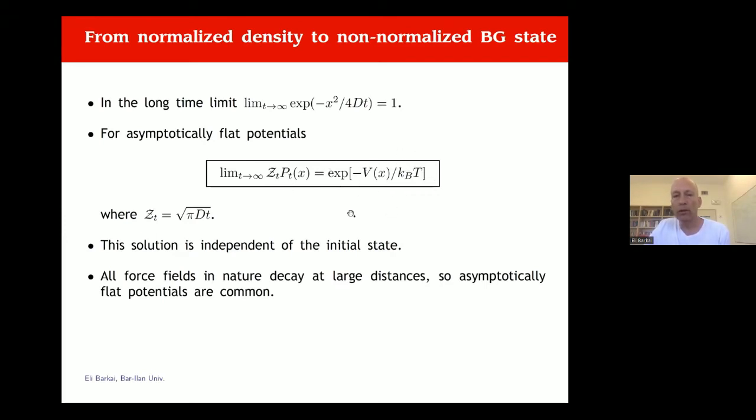Now, what is different from usual statistical physics? This is, of course, well known in statistical physics. It is two things. One is that Z(t) now is not a constant, it is time dependent. Secondly, this thing is not normalized. And this is very obvious because I take a normalized function, I multiply it by something that increases with time, like square root of time, and take time to infinity. So this function, of course, is not normalized. The point is that many forces in nature decay at large distances, and maybe this is in fact general.